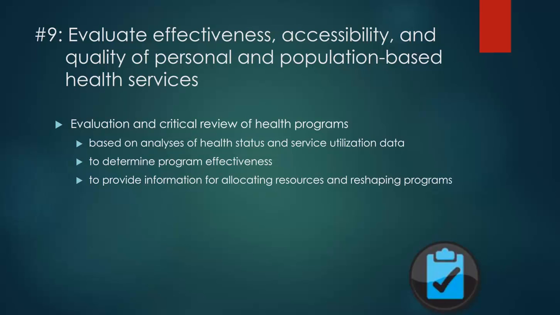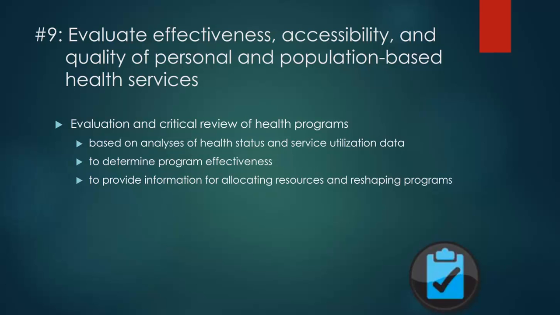Essential service number 9 is to evaluate effectiveness, accessibility, and quality of personal and population-based health services. This involves the evaluation and critical review of health programs based on analyses of health status and service utilization data.